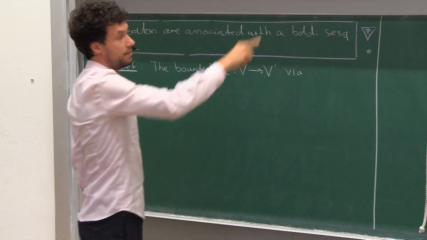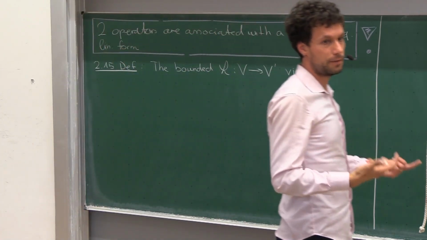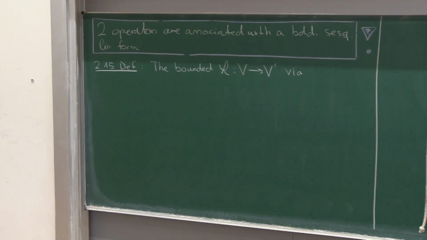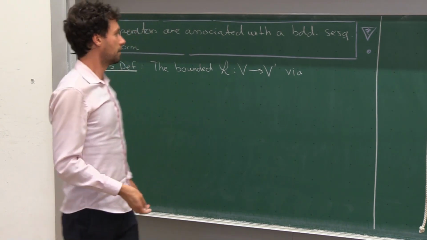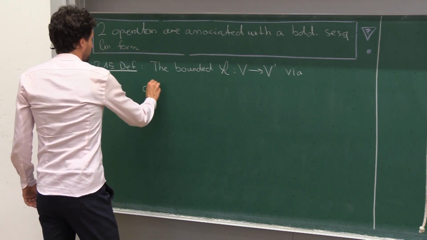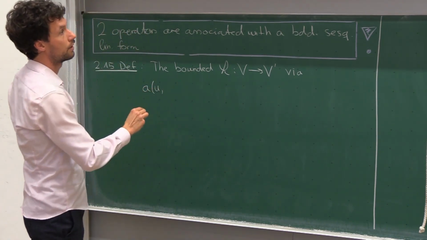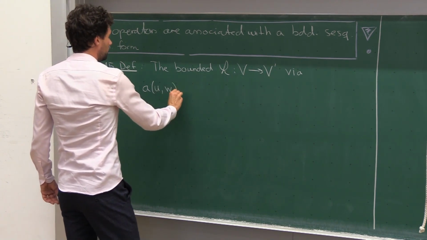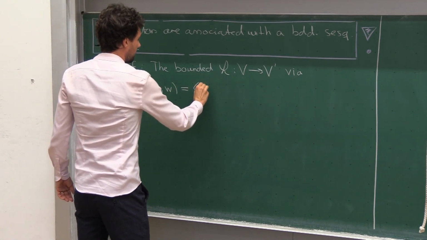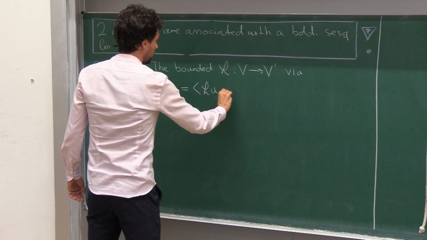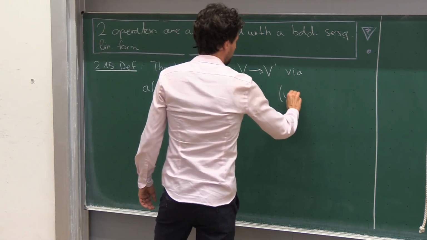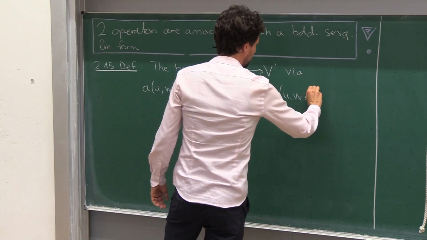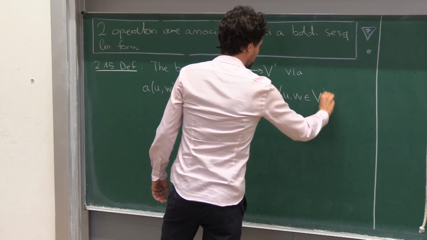I just copy and paste what is written over there, but as it is the case sometimes in mathematics, I get a little bit of further insight by just renaming objects. Okay, so I want to write it in this way. I want to say A of U, W is the bracket of script L U and W, and this is the V prime V bracket, whenever U and W are in V.